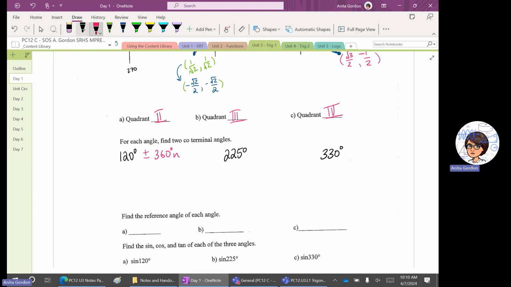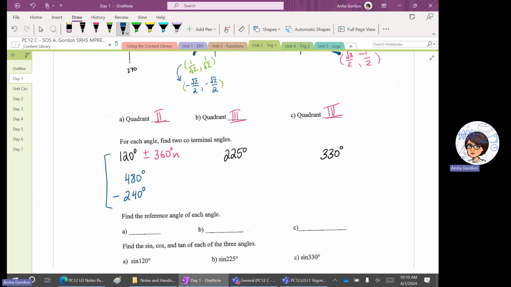So if I add 360 degrees to 120, I'm going to get 480 as a coterminal angle. Or I could even minus 360, and this will give me negative 240 degrees. These are all coterminal.